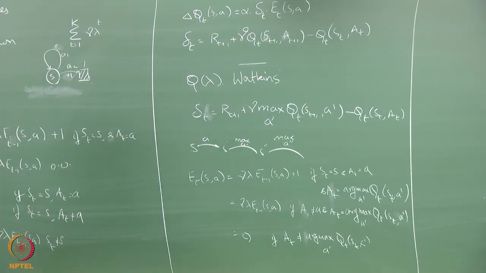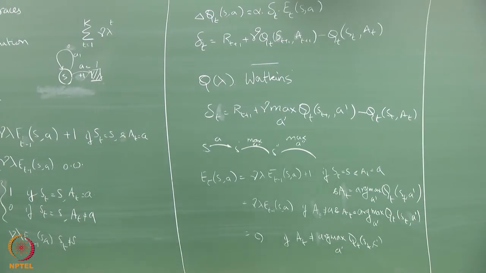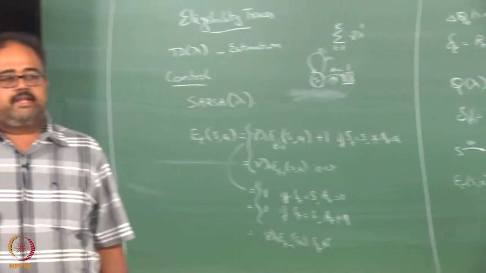If the current action is not the greedy action, I zero out all the eligibility traces regardless of what state, what action, everything.